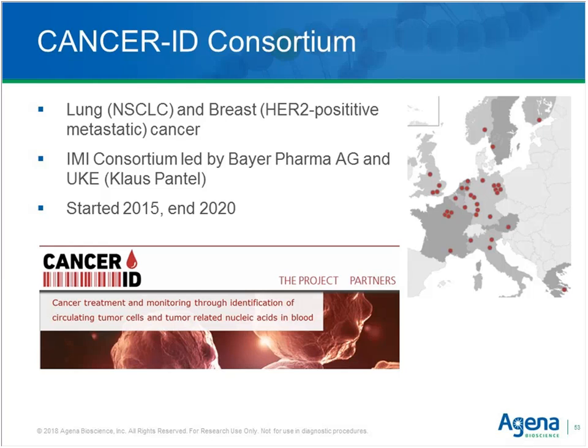You see on the Europe map on the right-hand side where the academic partners are located across Europe, and the mission of that consortium is cancer treatment and monitoring through identification of circulating tumor cells and tumor-related nucleic acids in blood. So the aim really is to bring a liquid biopsy test into clinical routine by the end of the project.